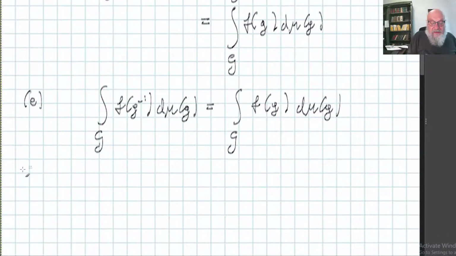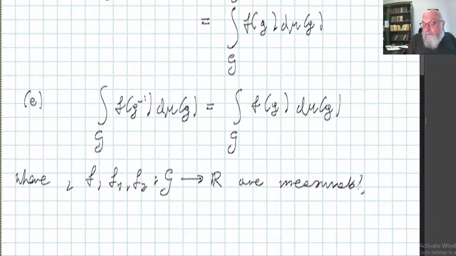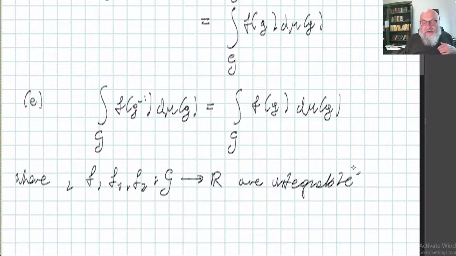Here we should add that the functions f, f1, f2 from G to R are integrable, so we guarantee that all these integrals are finite, and c belongs to R.